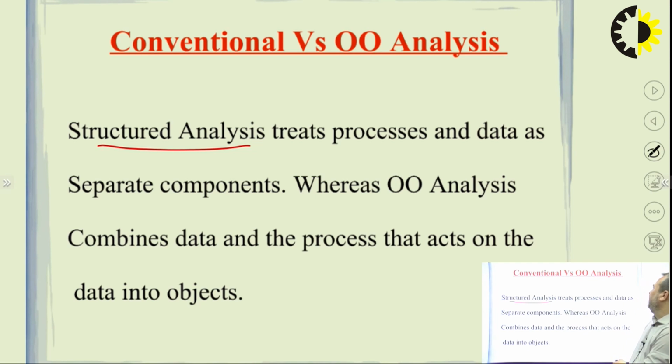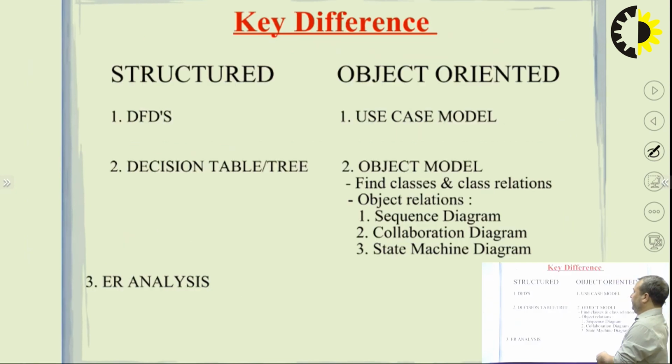So the main difference between structured, or conventional, versus object oriented analysis is that in object oriented analysis we think in terms of objects, whereas here we think in terms of process and data. These are a few key differences: in structured analysis we use DFDs, data flow diagrams, like level 0, level 1, level 2, while in object oriented analysis we use the use case model.